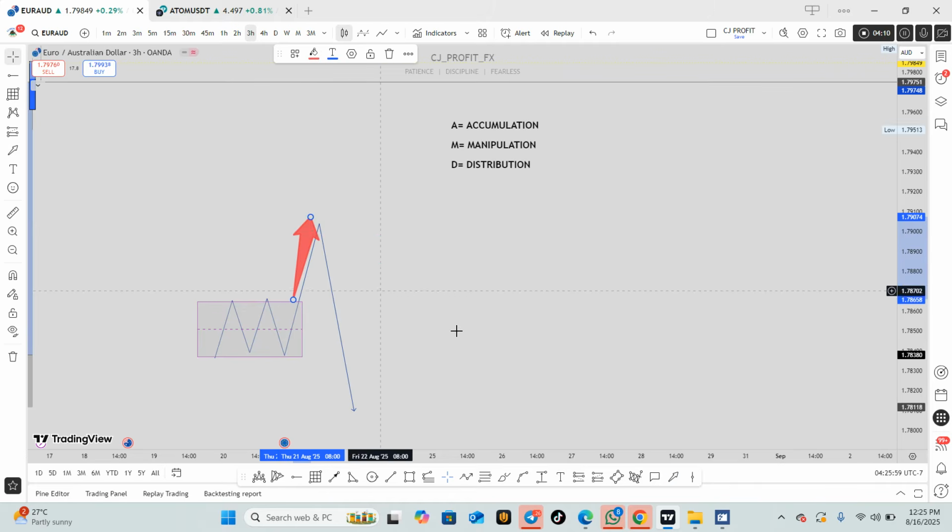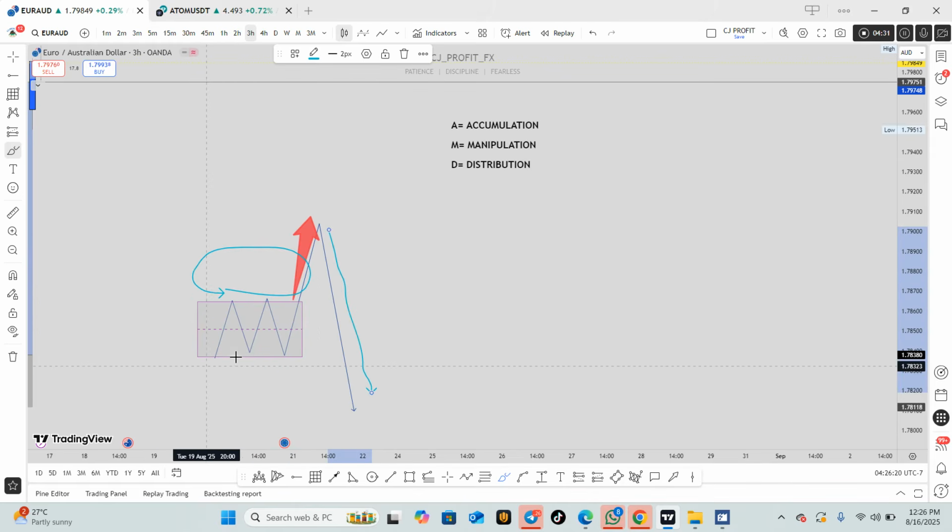That was manipulation. This is when the market was ranging, maintaining only demand and supply levels. All of a sudden, the market was manipulated. And the aim of this manipulation is to take out liquidity here. Likewise, the aim of the distribution is also to take out liquidity here so that the market will be balanced.